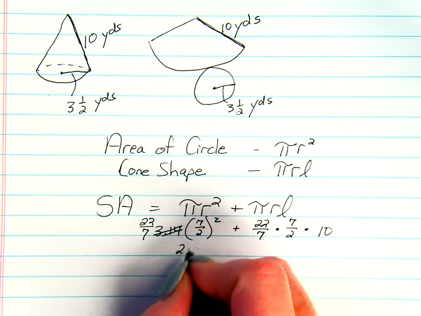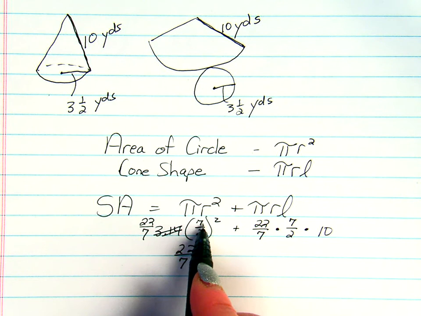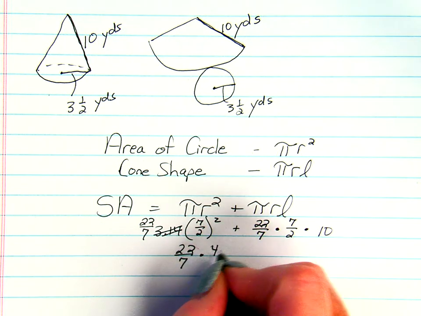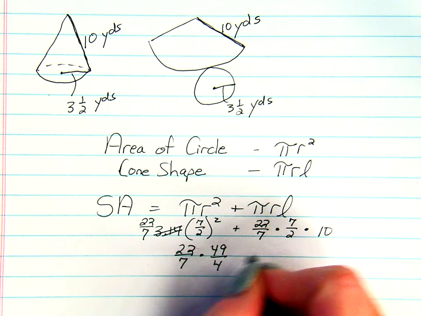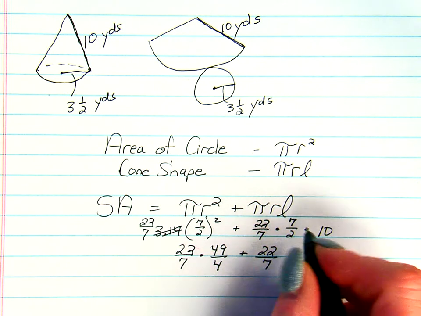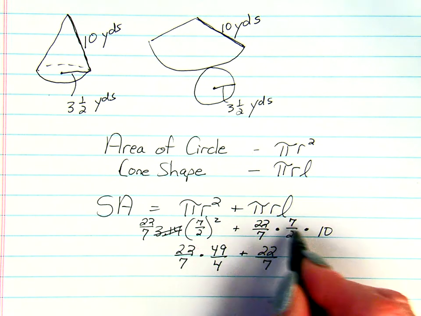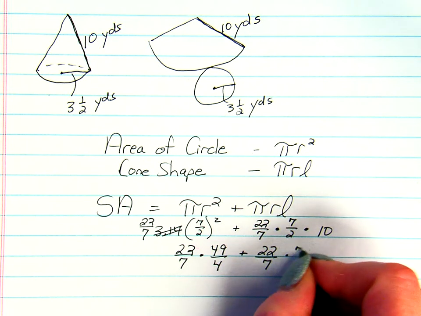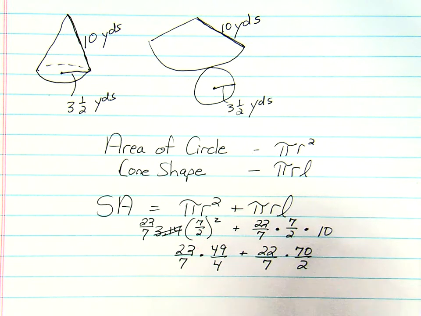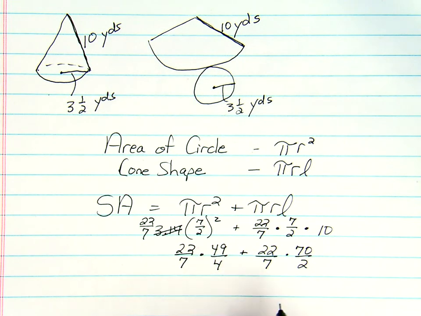So 22/7 times, now when we square this, it's 49/4, plus 22/7 times the, let's multiply this, so that's 70/2. Okay, we'll go ahead and multiply these together. First, let's reduce them.